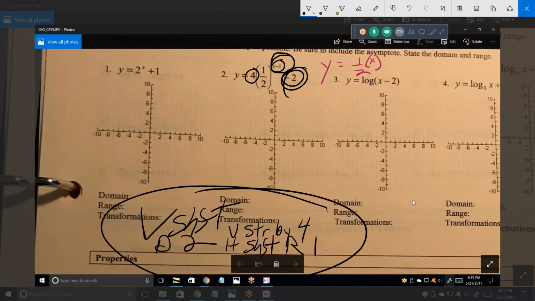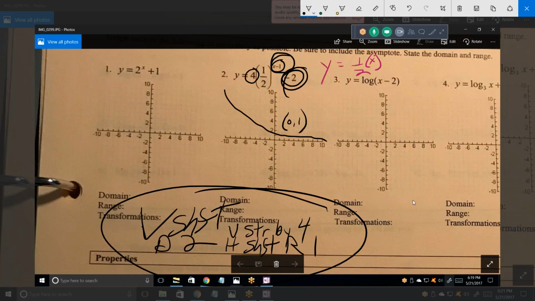So that makes it easy to graph because here's the original parent function going through that key point, which is 0, 1. They all go through that. And now to do all of these, let's do the shifts first because they don't do anything to the shape of the curve.